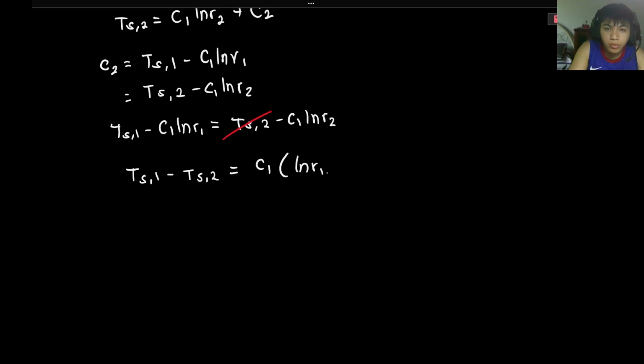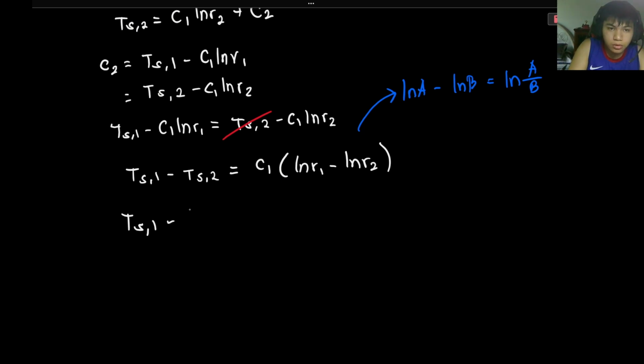So, ln R1 minus ln R2. Ayun. And again, from the laws of logarithms, ln A minus ln B is just equal to ln of A over B. Ayun. So, we rewrite the equation: it will be C1 times the ln of R1 over R2.